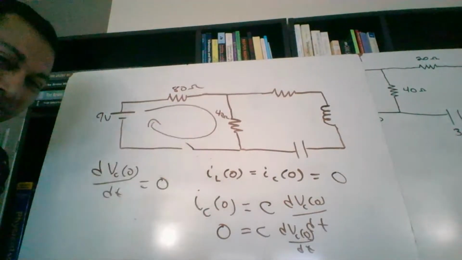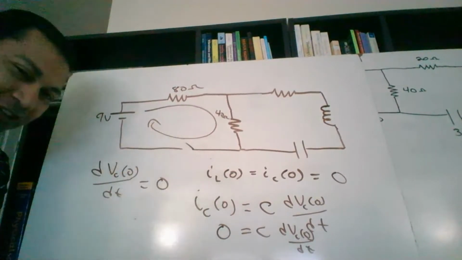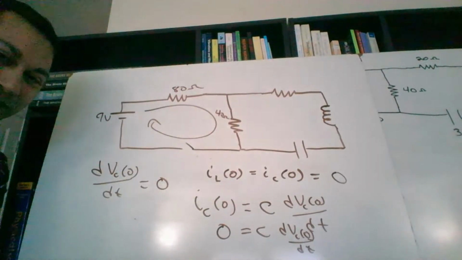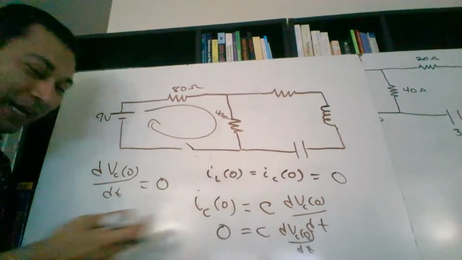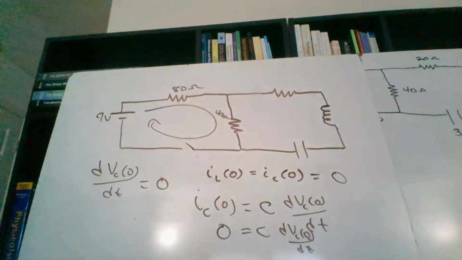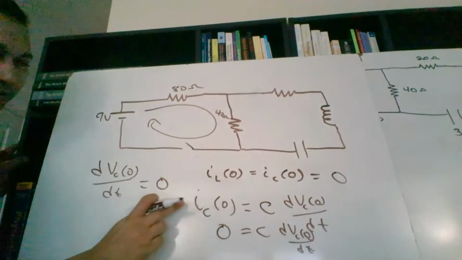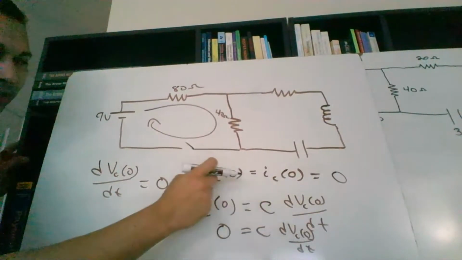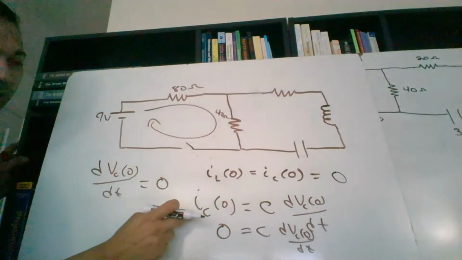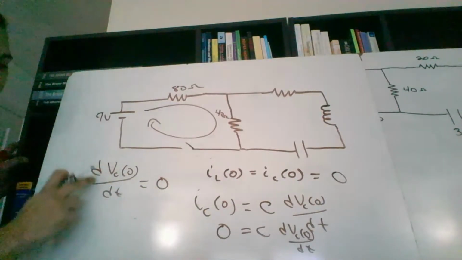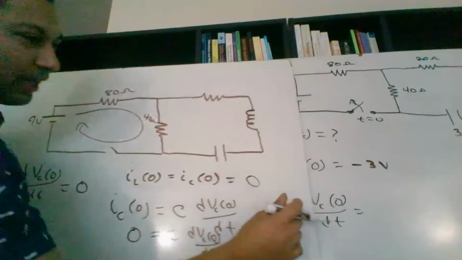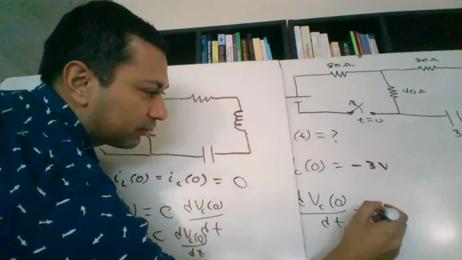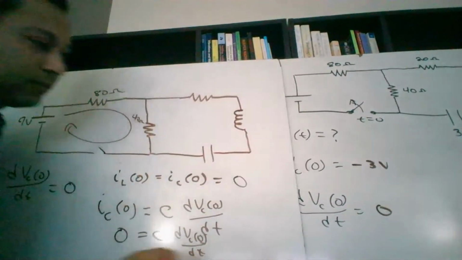Please, I beg of you, make sure you understood that. It took a lot of time for me to explain how I would say that out. So we write our equation here, take what we just got from there, plug it into here, and solve for dV_C, and it's going to be 0. So that will be our second condition. It's going to be 0 here.